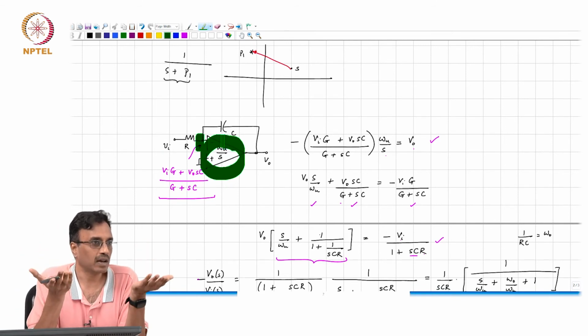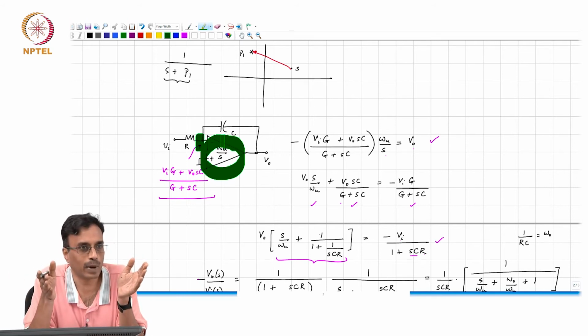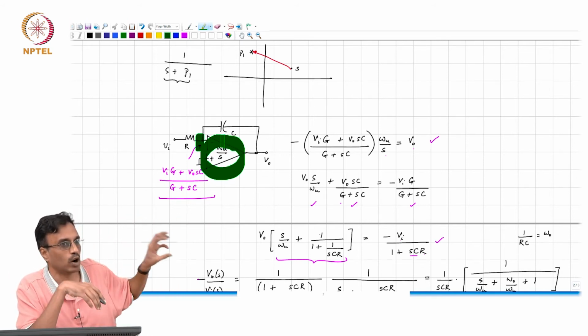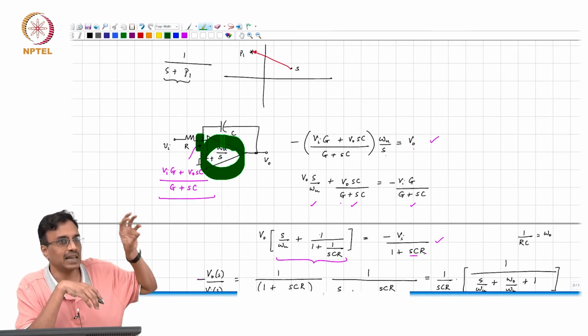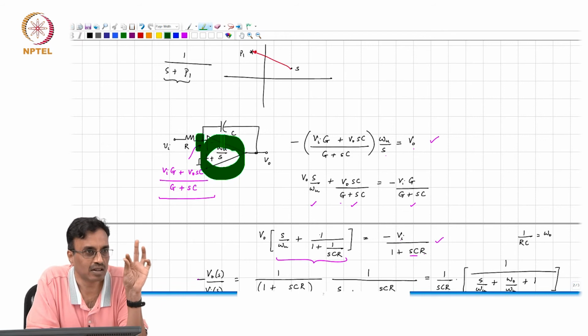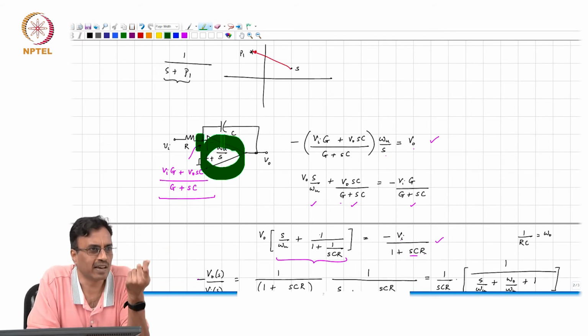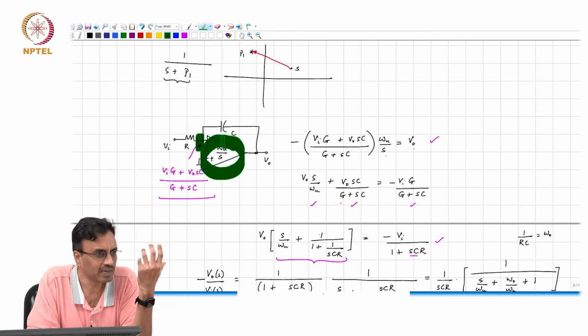At least at frequencies much greater than omega naught, you expect that the op amp has a sufficiently large gain. The reason why that virtual ground voltage is small is because the gain of the op amp is very high, correct?